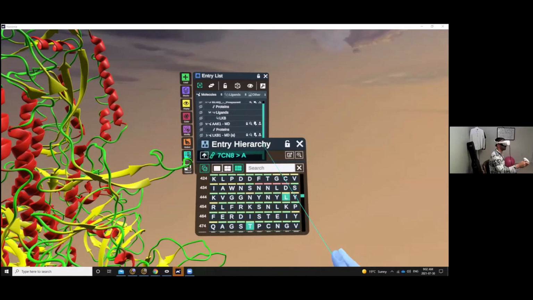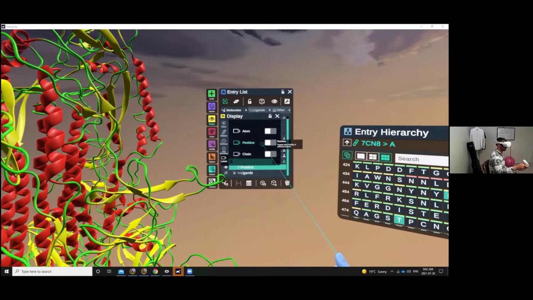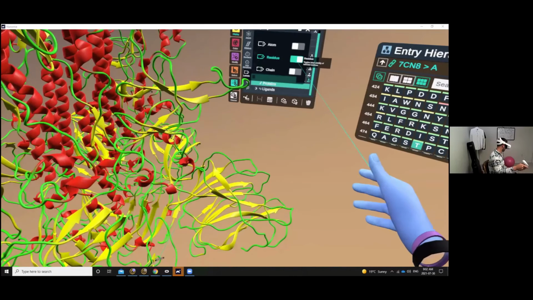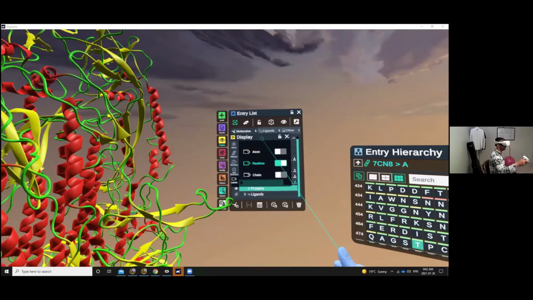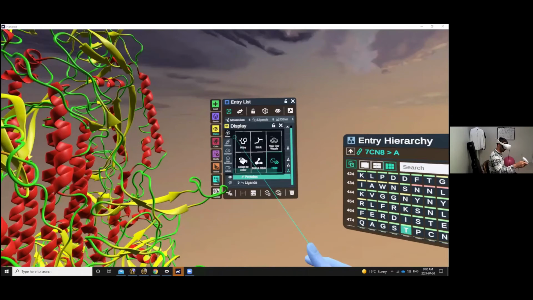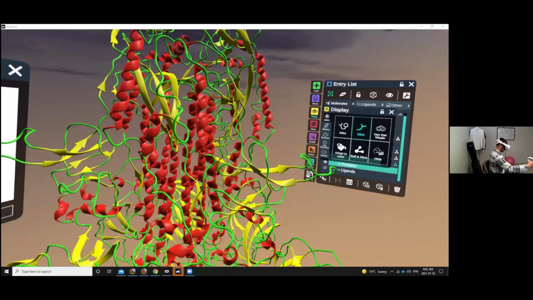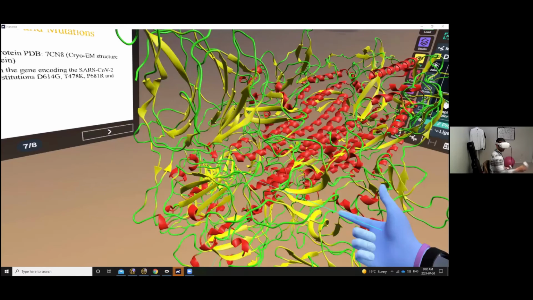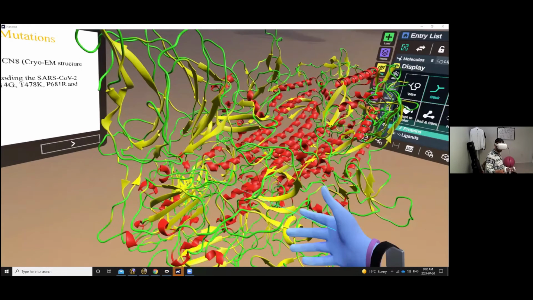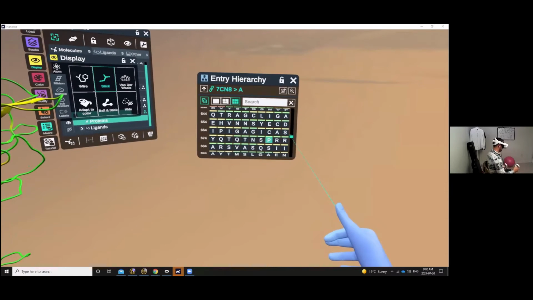and make them visible. Go to display. We're going to turn those residues on, and then we will also stick. There they are. They're a little hard to see. Let's make them a little bit bigger. There should be 4 of them. 1, 2, 3.